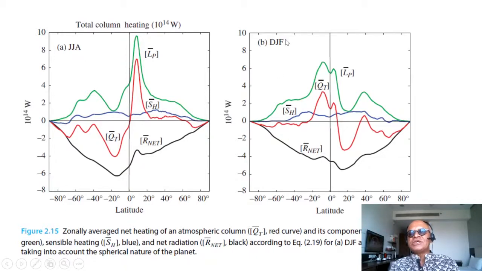So in DJF things change, as we remember the heating by the rainfall, net columnar heating, and sensible heat still remains the same. You can see the little changes that happen at higher latitudes, but low latitudes remain almost the same.